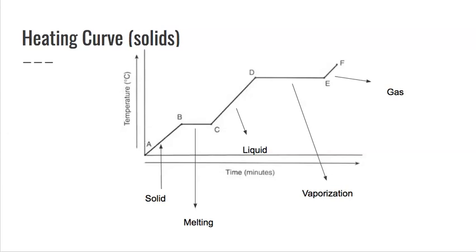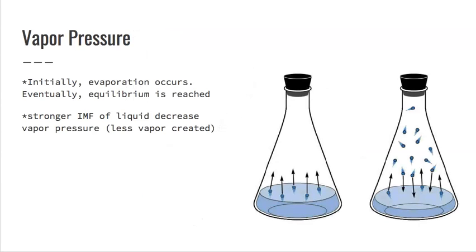Now, a few applications, though, are things like vapor pressure. We talked about vapor pressure with gas laws and how if you have a container of water, some of the gas in that room will be water that's come from the liquid. If you think about just leaving out a glass of water on a tabletop, that water will eventually evaporate, even though it was never actually at its boiling point.